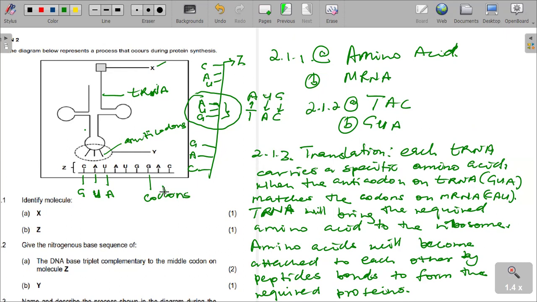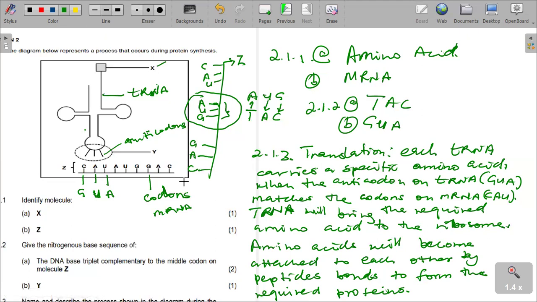So these are on tRNA, and these are found on mRNA. The mRNA has codons, and the tRNA has the anticodons.